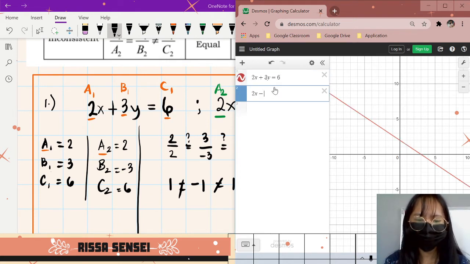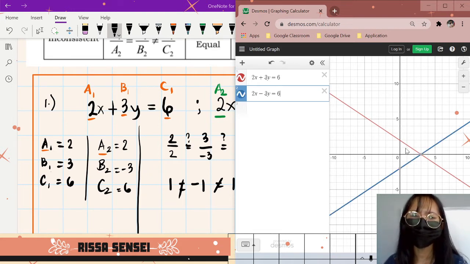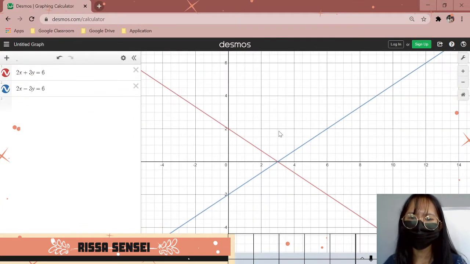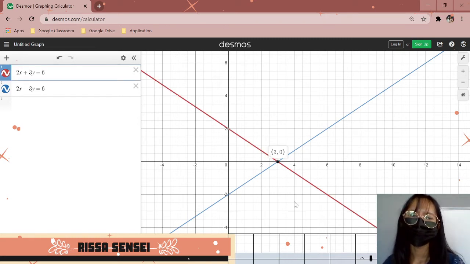Tapos, 2x minus 3y equals 6. Yun yung color blue, yun yung graph ng isang equation. And kapag nakita natin, intersecting talaga. So, consistent and independent nga yung system. And meron lang silang isang solution. The solution is (3, 0). So, pag sinabi nating solution, that is the point where the two lines intersect.